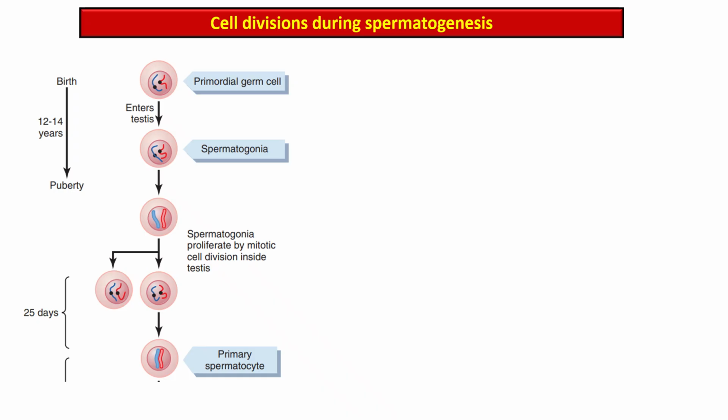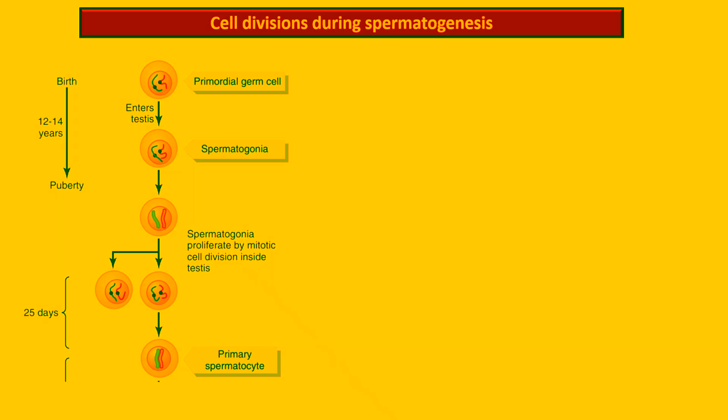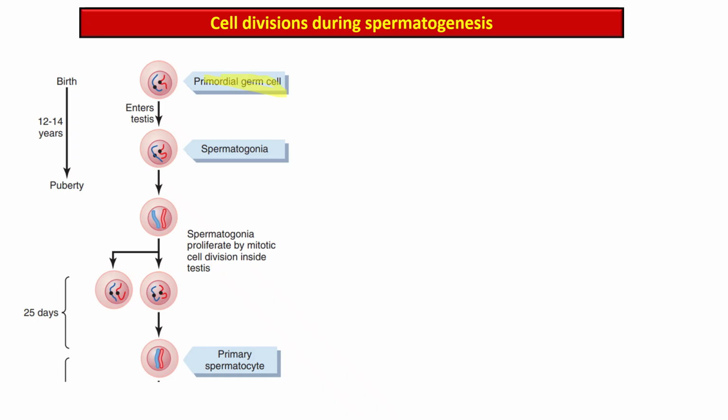Initially, there are primordial germ cells. These primordial germ cells originate before birth and migrate into the testes during embryonic development. And the spermatogenesis starts at the onset of puberty, or around 13 years of age.